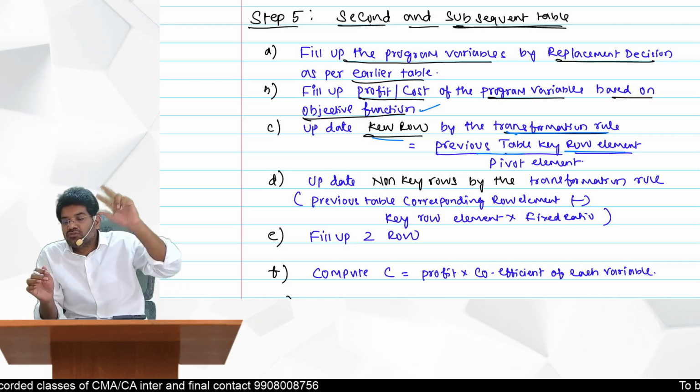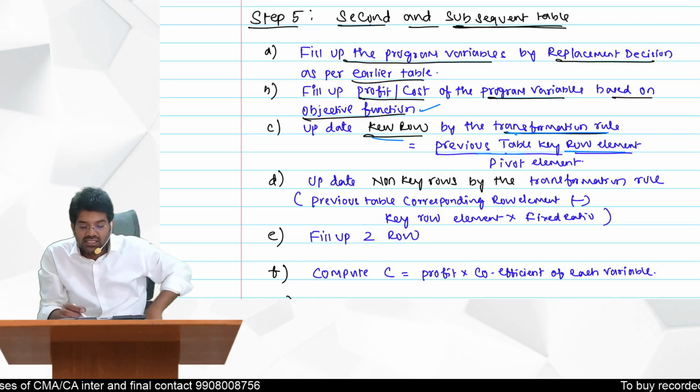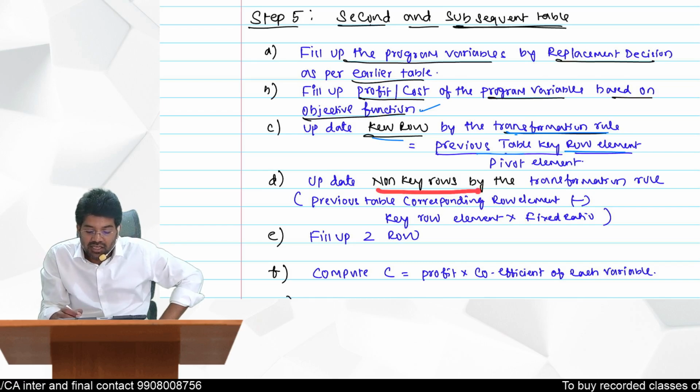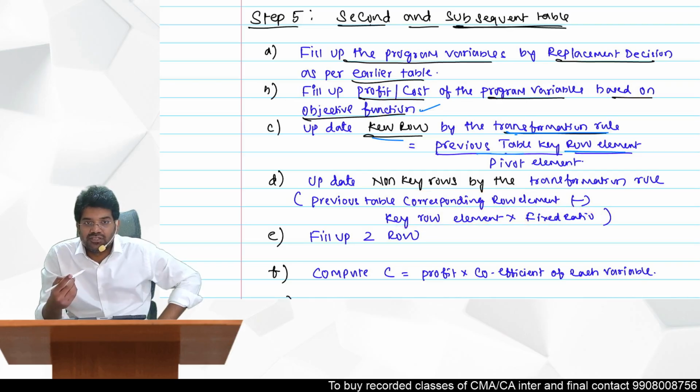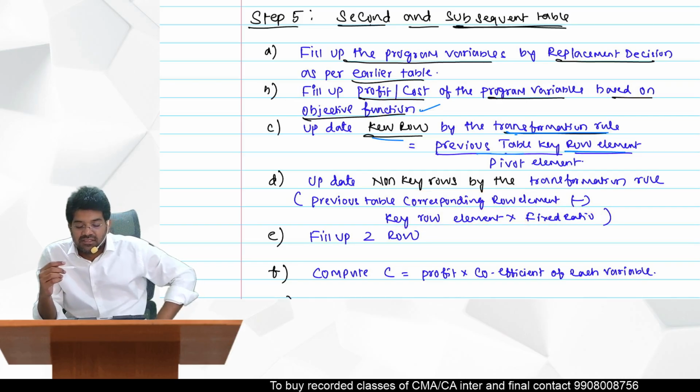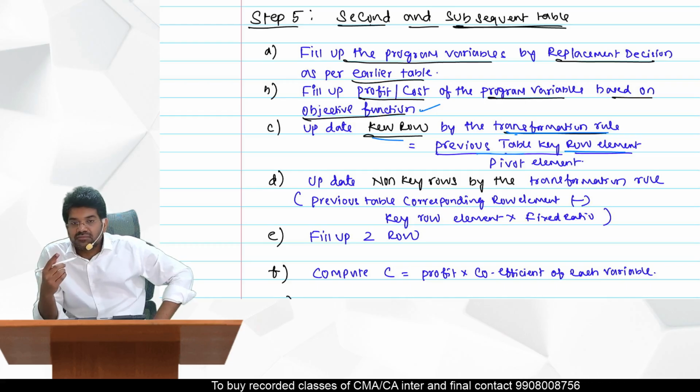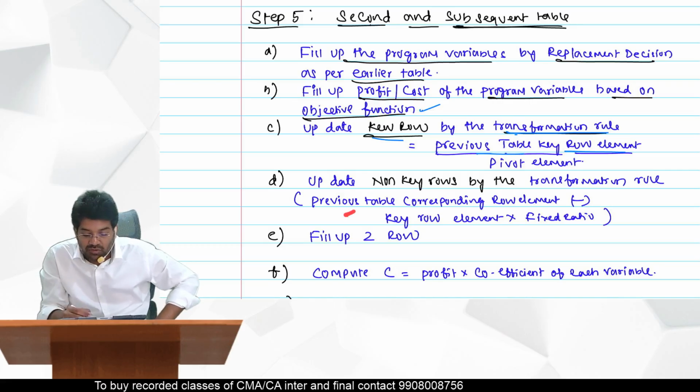I have to make the other two zeros. So the rule is: previous table corresponding row element minus key row element into fixed ratio. The fixed ratio we have already calculated. This is the purpose: to make the other elements of the key column 0.